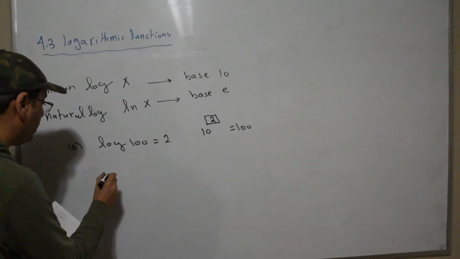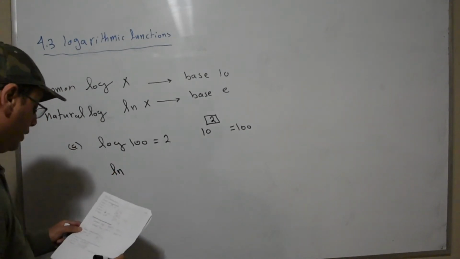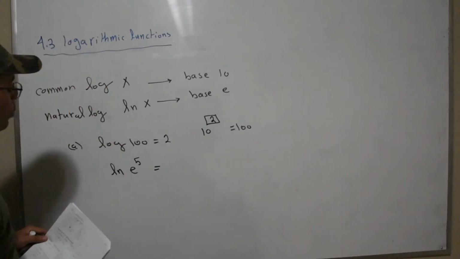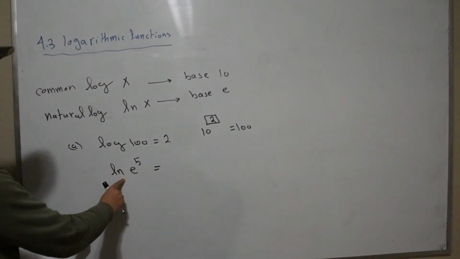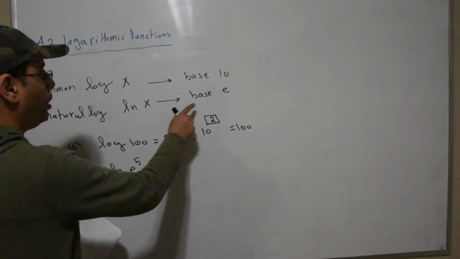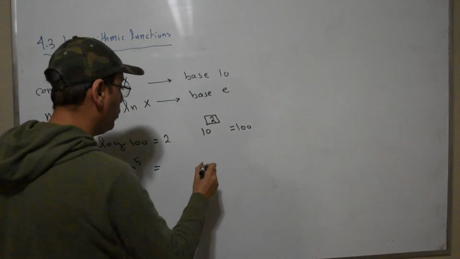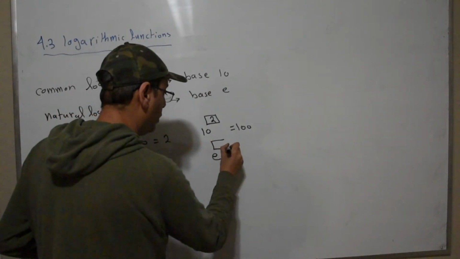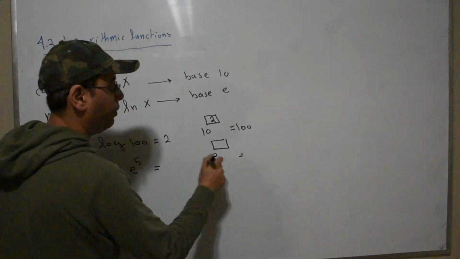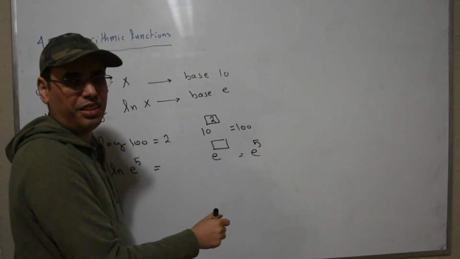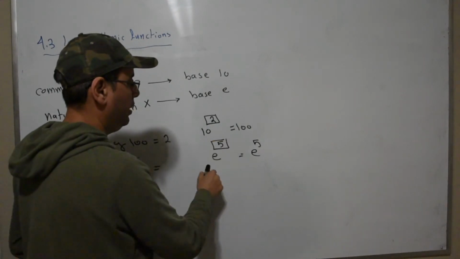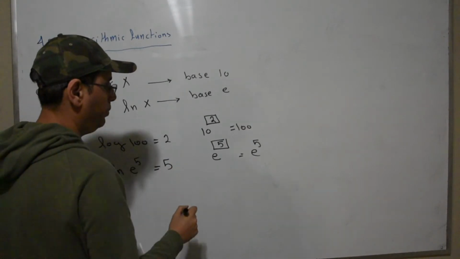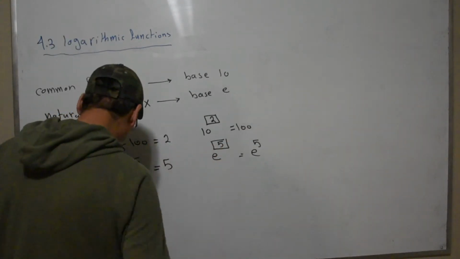Okay, another example: the natural log of e to the 5th. What is the base here? The base of the natural log is e. So in other words, I'm saying e to what power equals e to the 5th. Obviously this is clear. So the answer is 5.